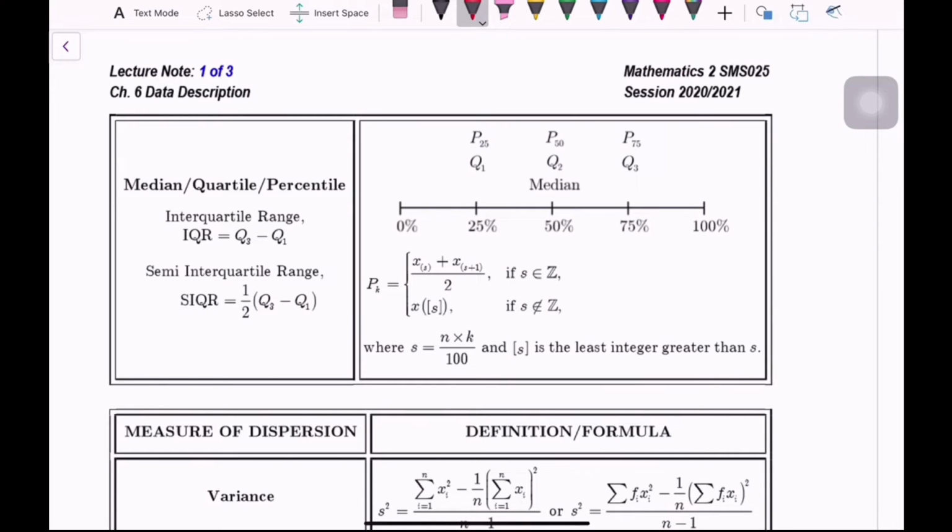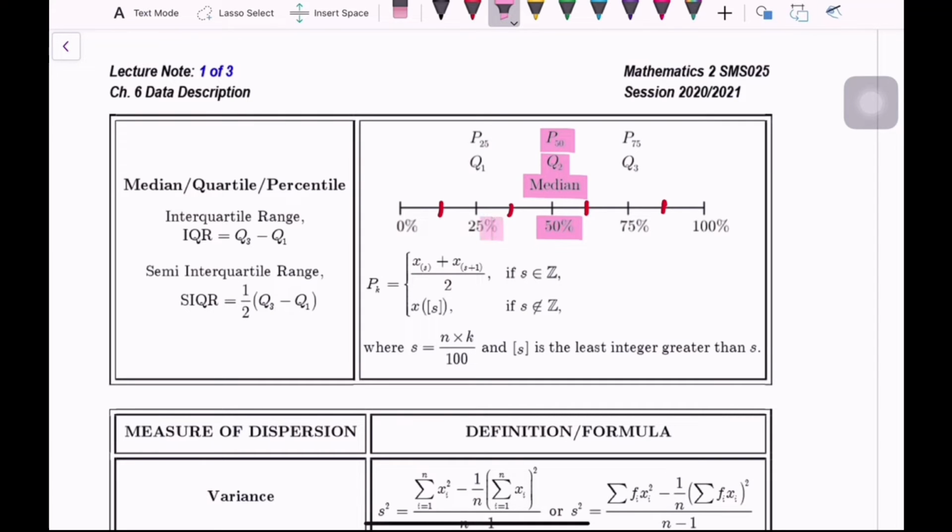Median, quartile, and percentile. Now, we try to divide all of the data into 4 equal parts. 50% of the data, we know this is the median, and we also write it as Q2, second quartile, and 50th percentile.